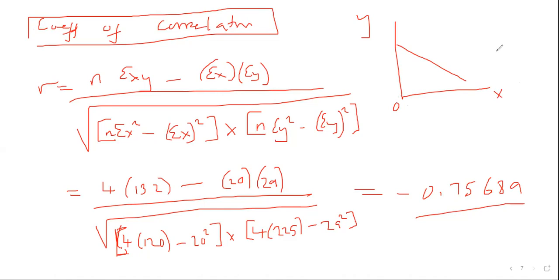Then when you square that answer, what we get is called our coefficient of determination. Coefficient of determination is always positive. So R squared, that's simply multiplying R times itself. Just square your answer in short. So you get 0.573.